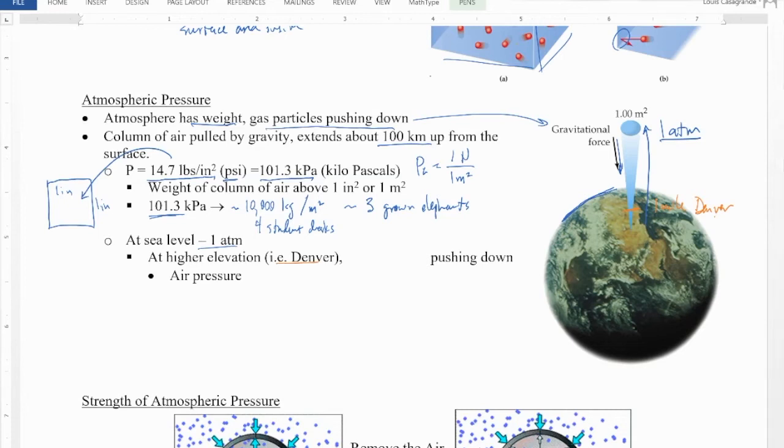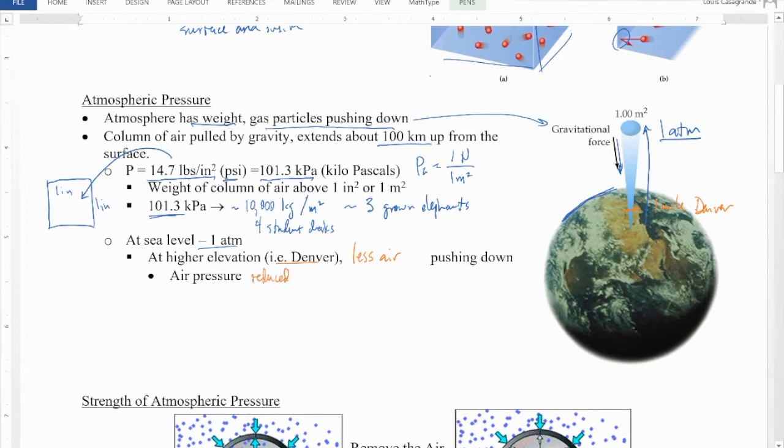It's a lot thicker, denser down near the bottom than it is up at the top, and it falls off exponentially. So in Denver, there's less air up above you, so there's less air pushing down on you. So the air pressure is reduced.